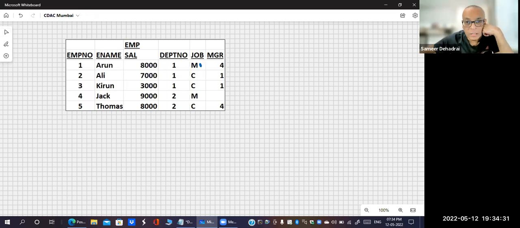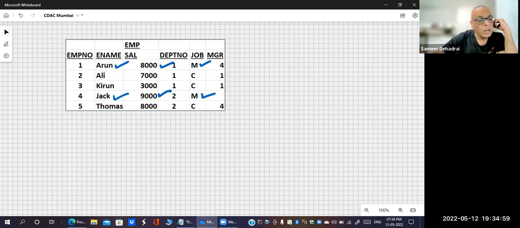I have two managers, Arun and Jack. These two managers are receiving a sal of 8,000 and 9,000 respectively. These are the salaries of all my managers.